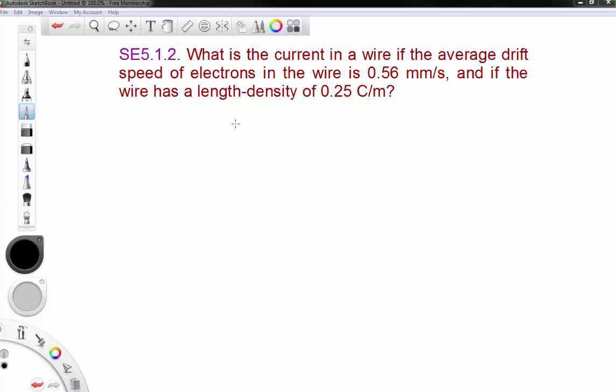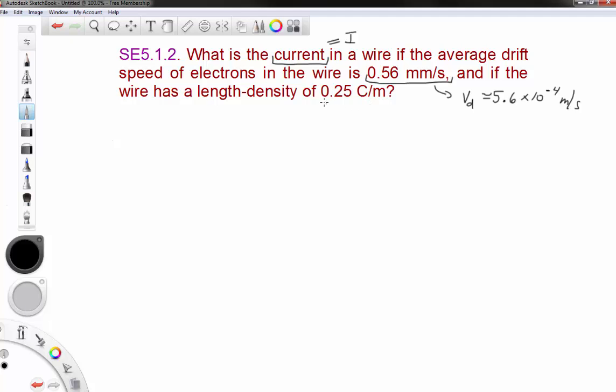Alright, for our second example, we're looking for the current in the wire again. So again, this is I, and we're given the average drift speed of the particles. V drift is approximately 5.6 times 10 to the minus 4 meters per second, because we're given the speed in millimeters per second.